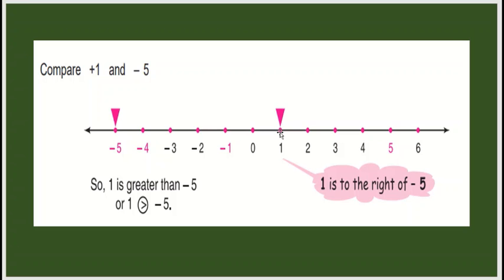Let me compare whether minus 5 is greater or 1 is greater. As we said earlier, minus 5 is to the left of 1 and 1 is to the right of minus 5. Obviously 1 will be greater than minus 5. That means we understood that by observing the position of the integers, we can say whether it is greater than the given integer or less than the given integer.